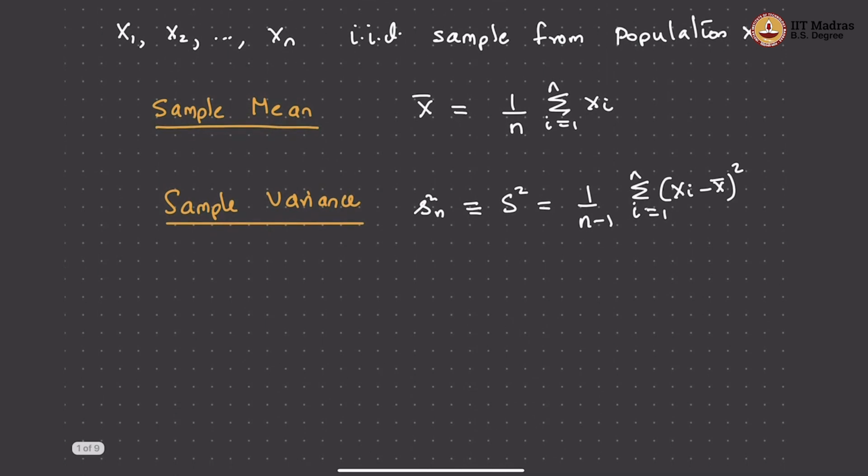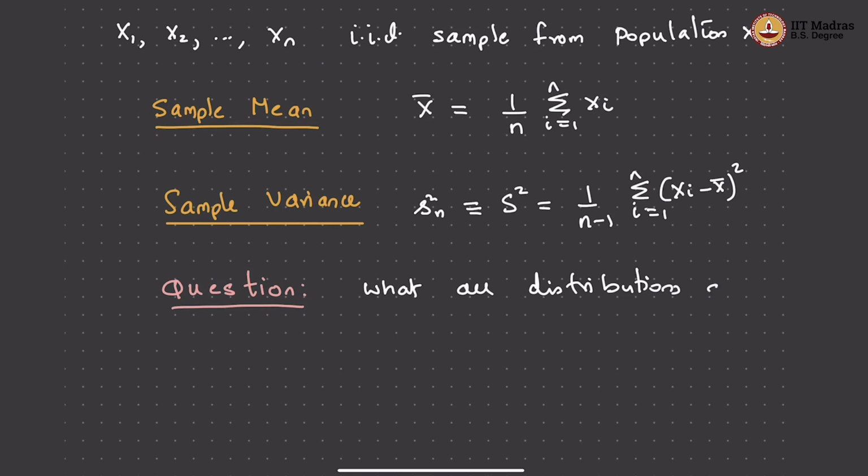So one of the questions one tries to understand is, what are the distributions of these sampling quantities? What are the distributions of X bar and S squared?